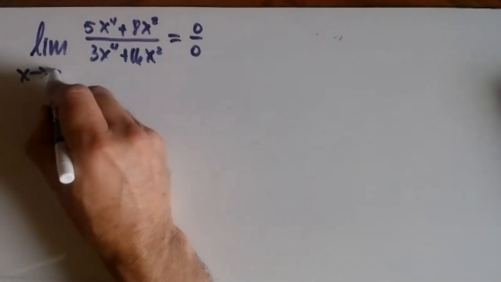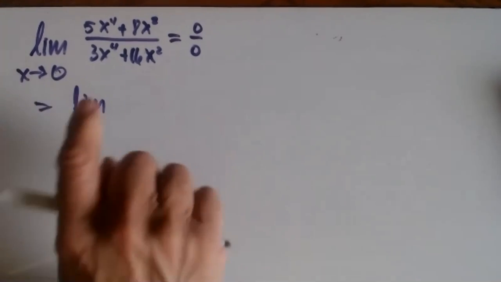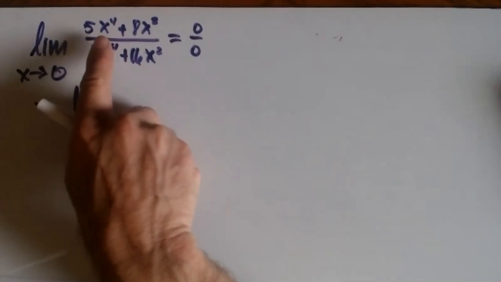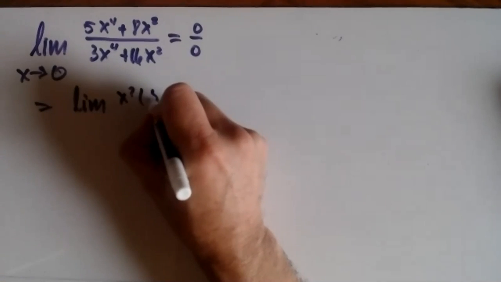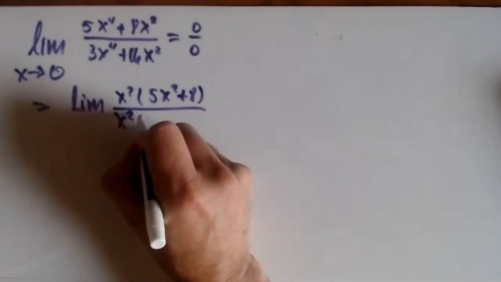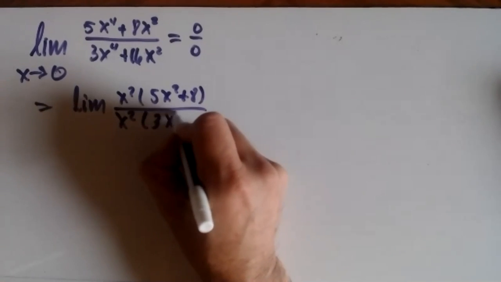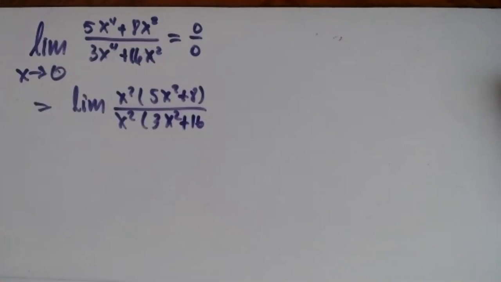Now what you're going to do simply is, okay, this is the limit, and then you see x squared here and x squared here. So x squared times 5x squared plus 8 over x squared times 3x squared minus 16. This one was minus, right?